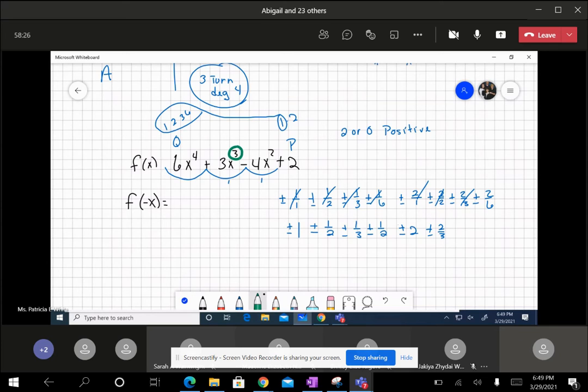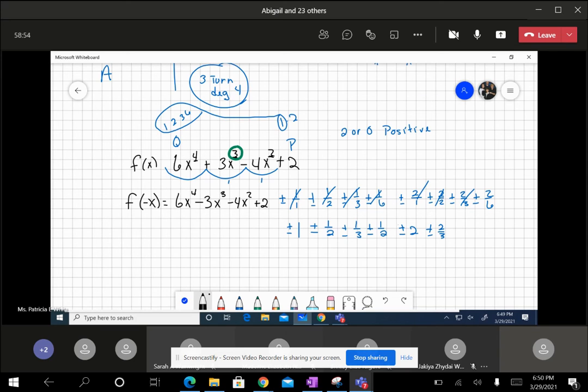If I have F of negative X, 6X to the 4th, because 4 is even, that's just gonna stay the same. But because 3 is odd, that's gonna change to a negative 3X to the 3rd. 2 is even, so that's gonna stay the same. And 2 doesn't have an X on it, so nothing's changing that.